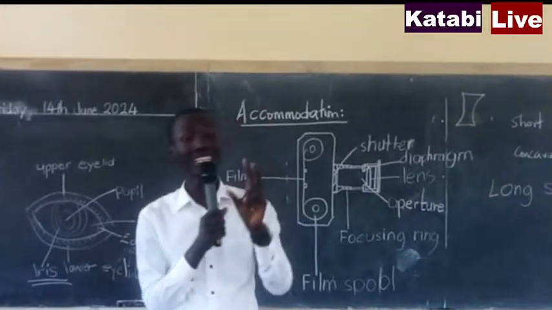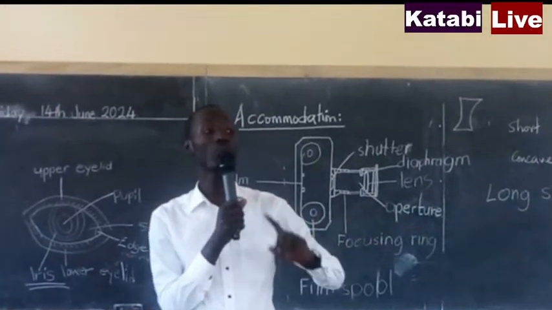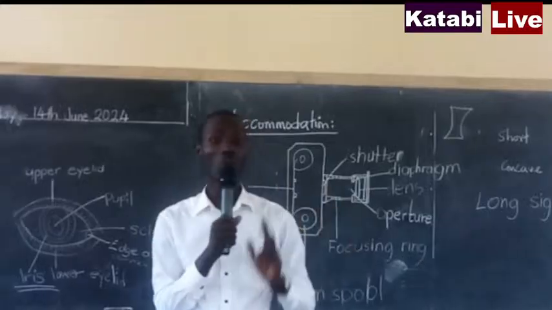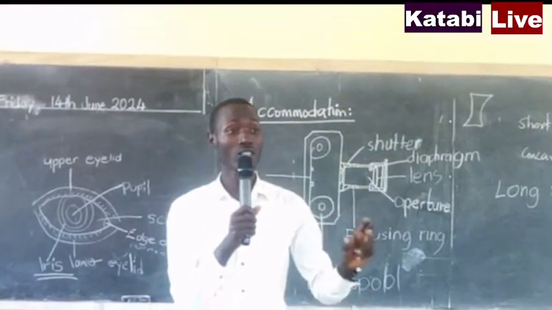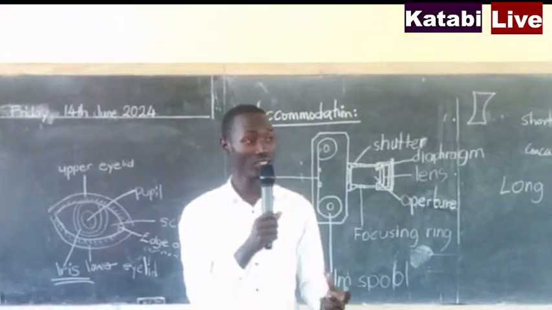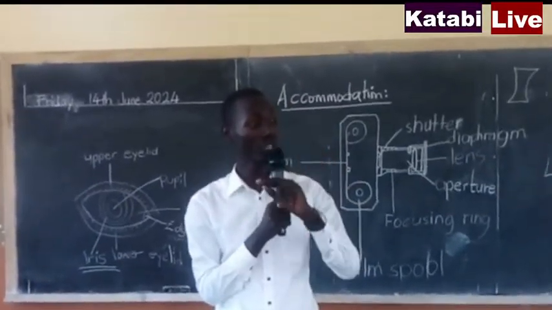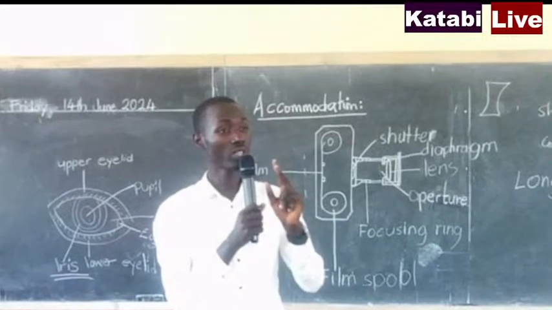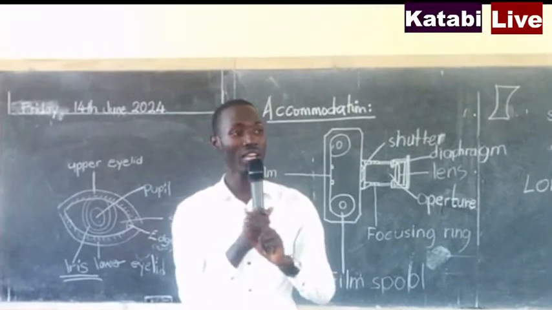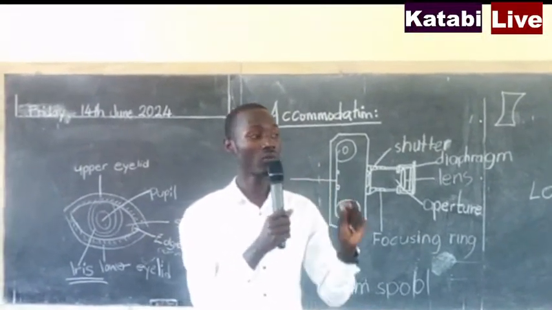Why? Because the lens there is being improperly used. You are normal, but you're putting on a spectacle with the lenses. So with that accumulation of the image in the retina, it will destroy the optic nerves and the photoreceptors which we have there, and it destroys the normal functioning.